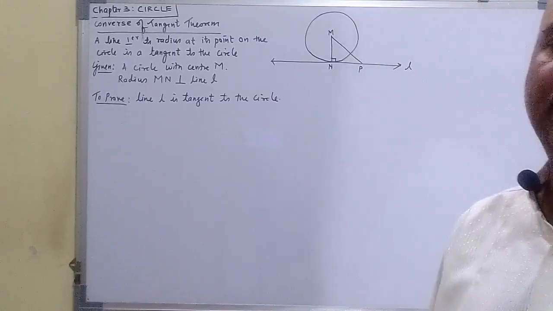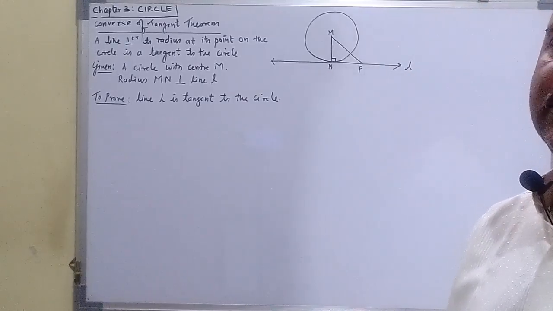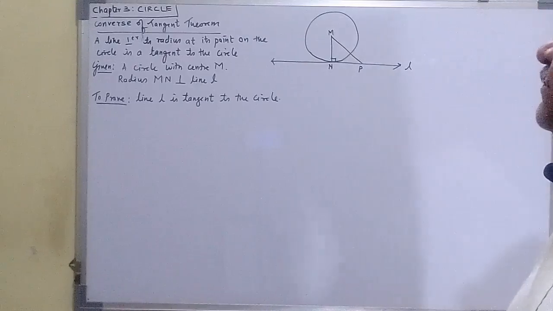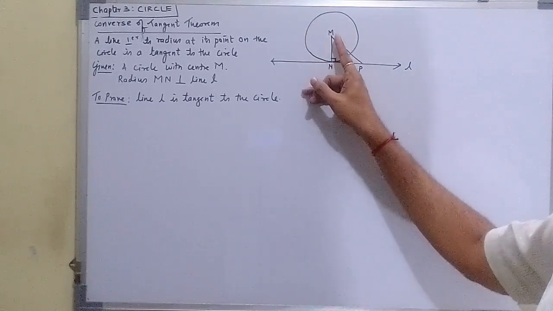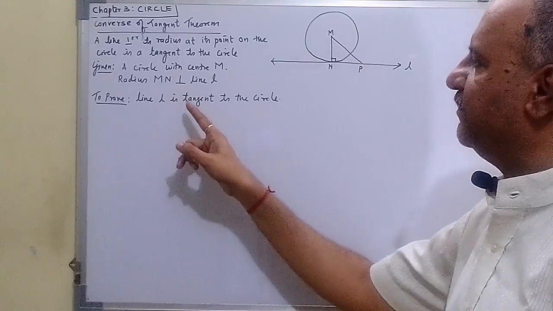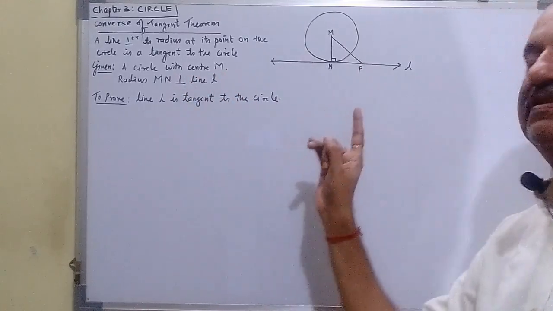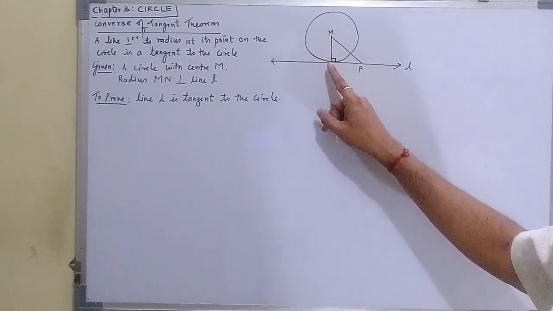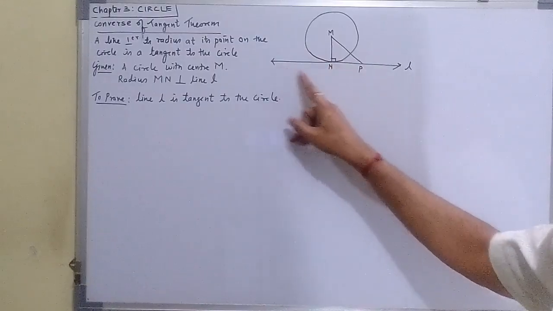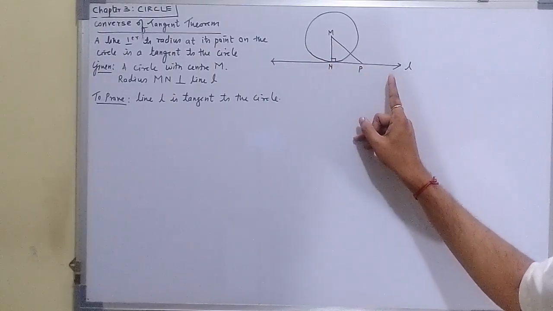यहां भी हमें थोड़ा सा कंस्ट्रक्शन का और सपोजिशन का इस्तेमाल करना पड़ेगा. See, this is a circle with M as a center. MN radius is perpendicular to line L. We have to prove.